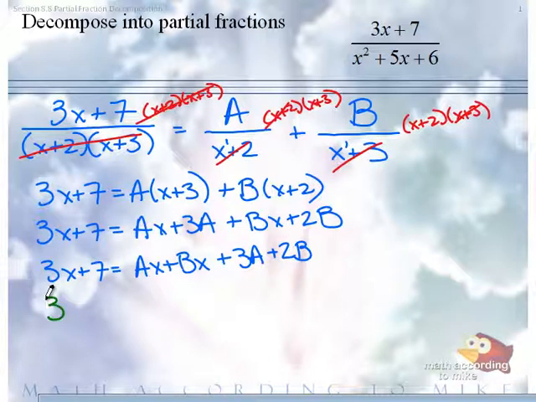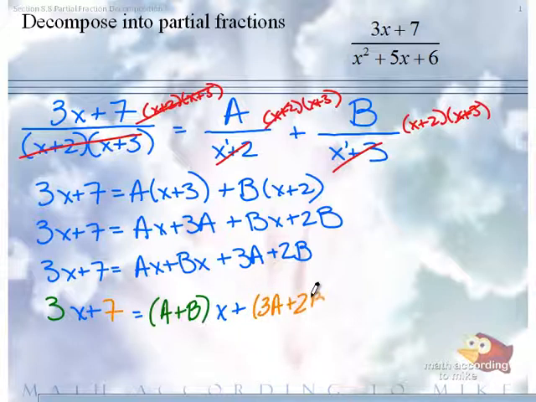And notice if I factor out that x for the two terms on the right, I would get a plus b. And if I don't do anything with the other two terms, I'm going to group them by putting parentheses around them. I get 3a plus 2b.